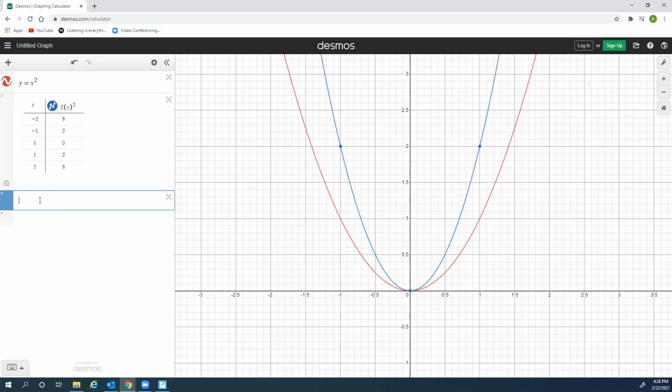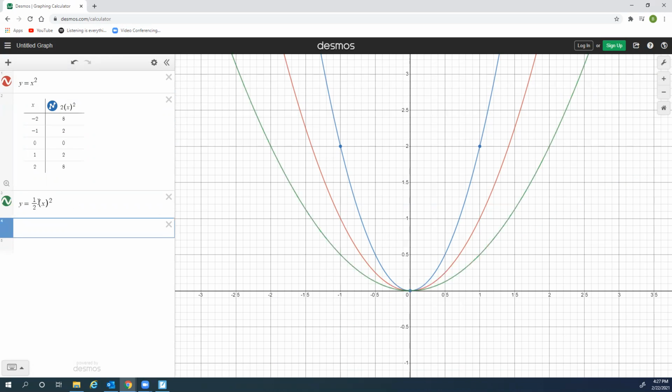So I have y equals 1/2 (x) squared. And notice the green did get wider from the red and from the blue. The blue was the stretch. The red is the original.